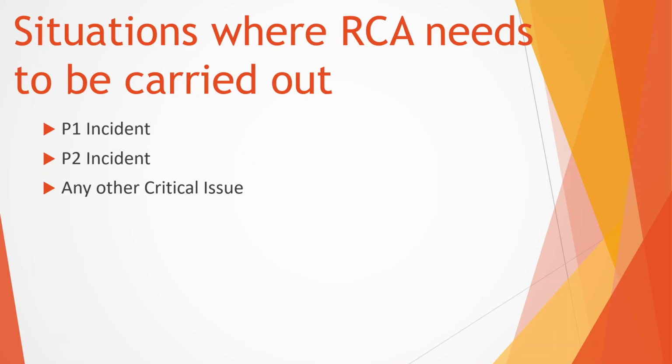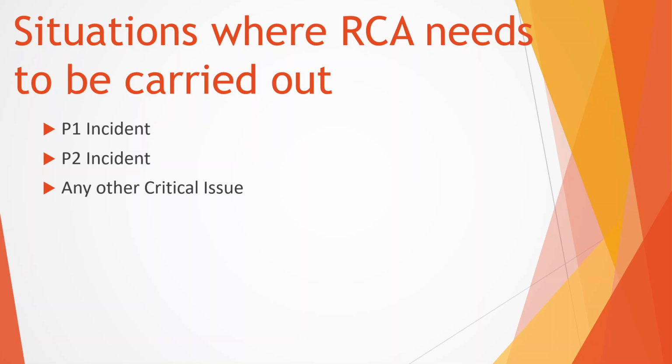Usually RCA documentation is reserved only for certain categories of issues. If it is a P1 ticket, RCA must be done, to understand the trigger point of the issue, what the correction steps were, and what preventive steps can be taken to prevent it happening in the future.